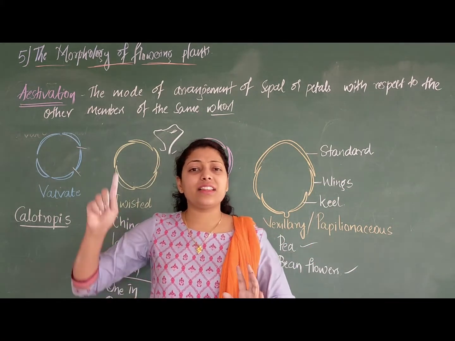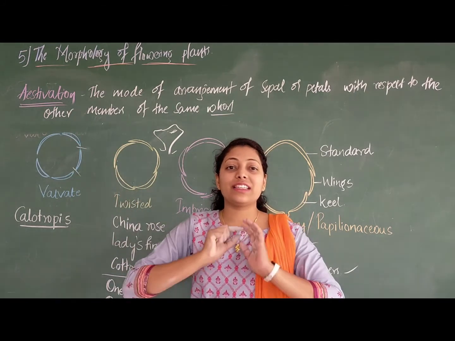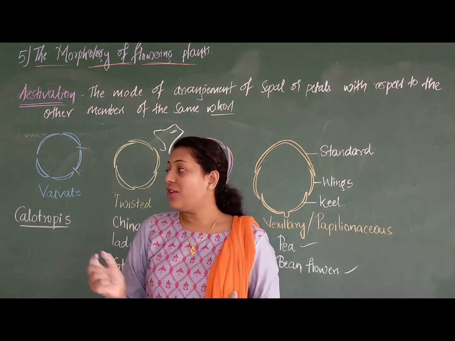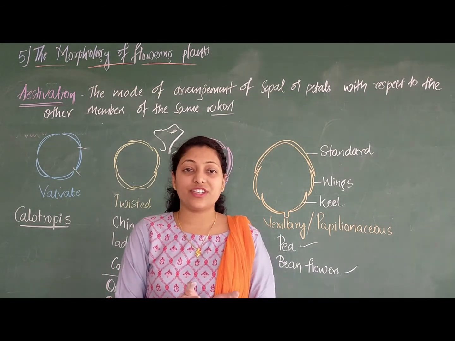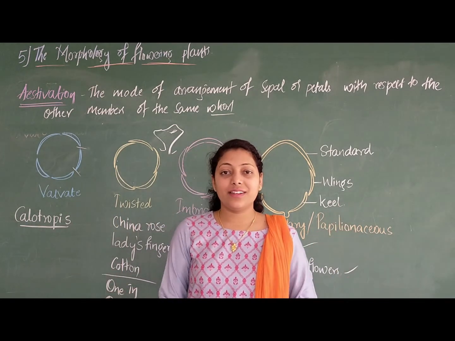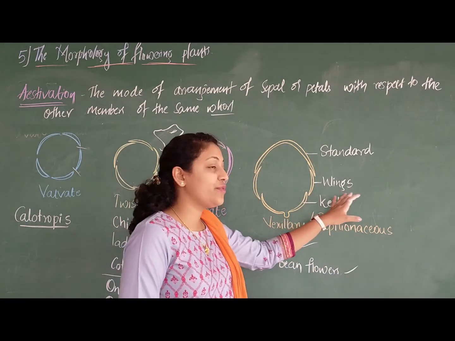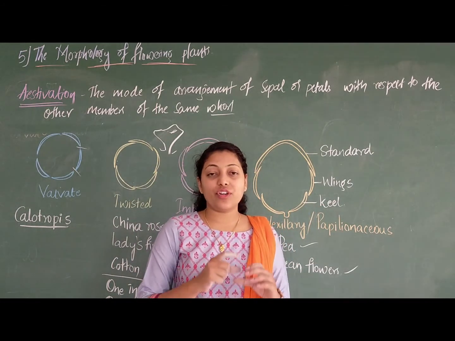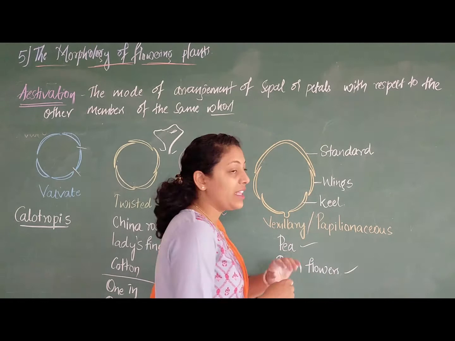The biggest and largest part is called the standard petal. The standard consists of wing-like parts called wings, and the wings are in turn joined with the smaller part called the keel.